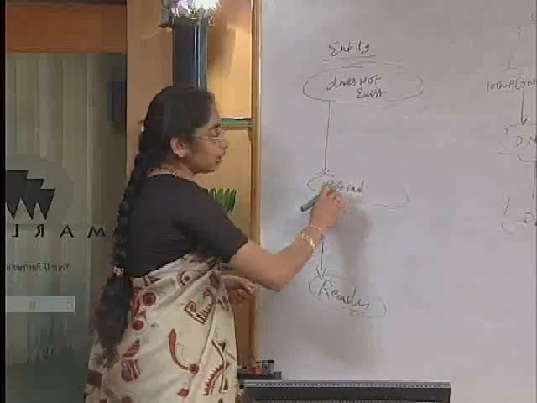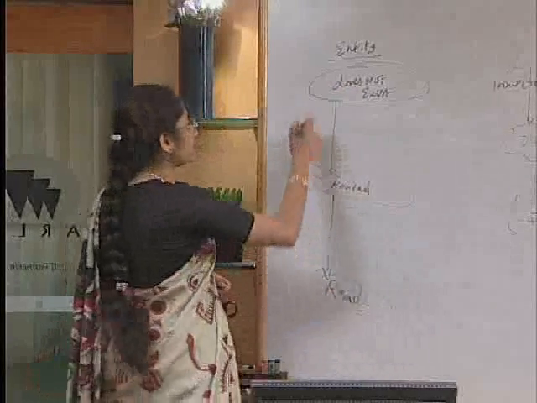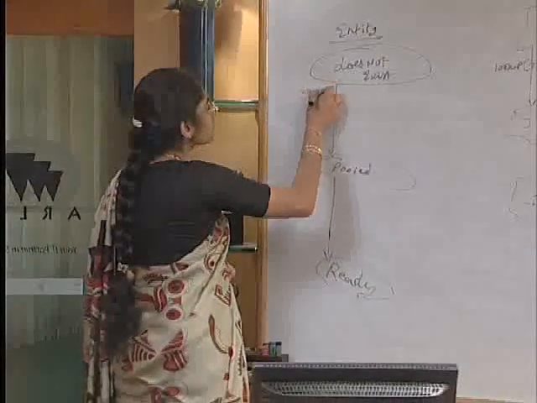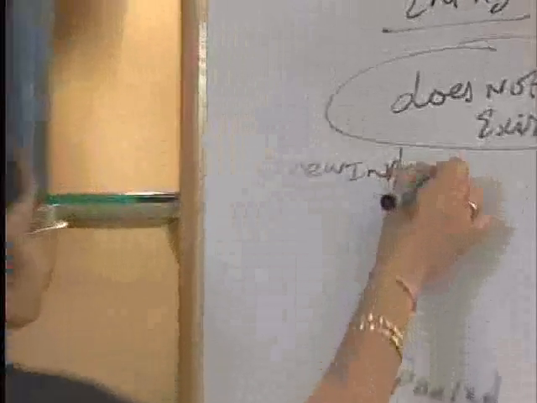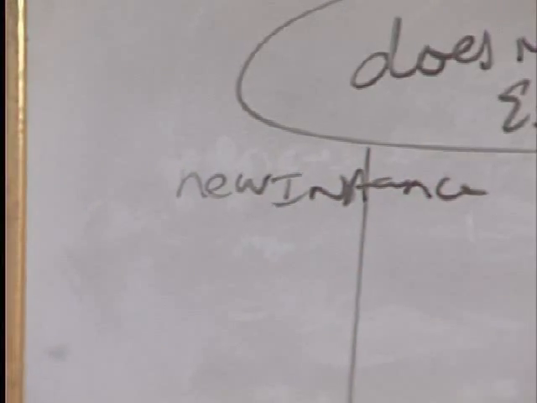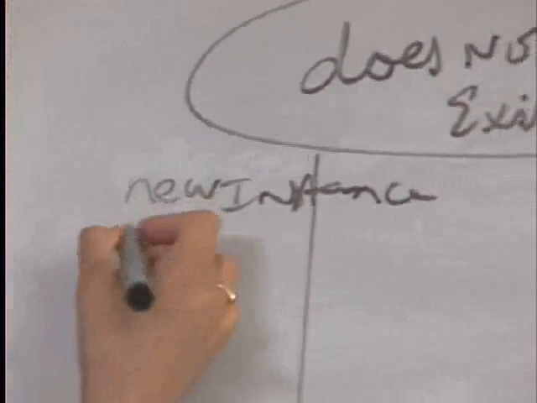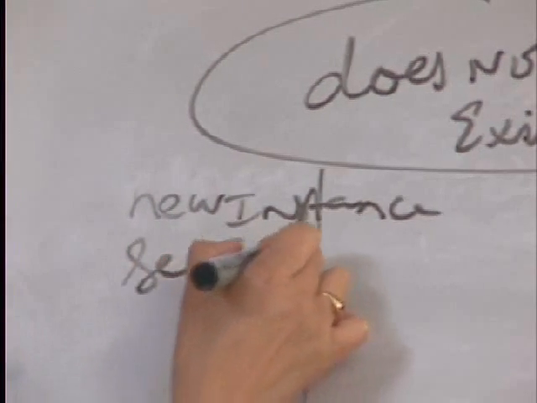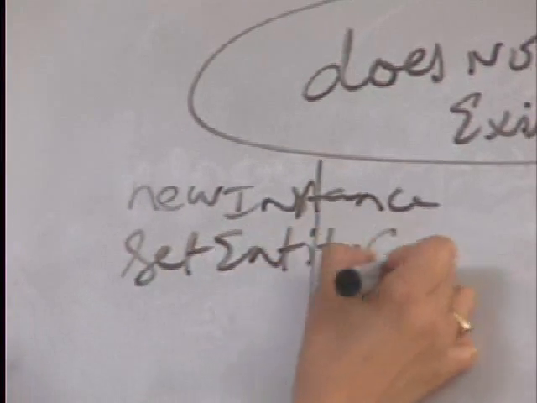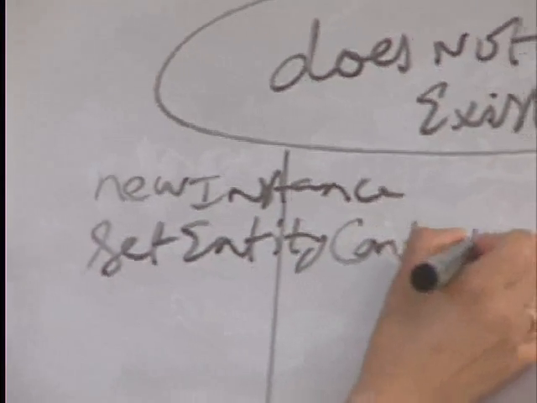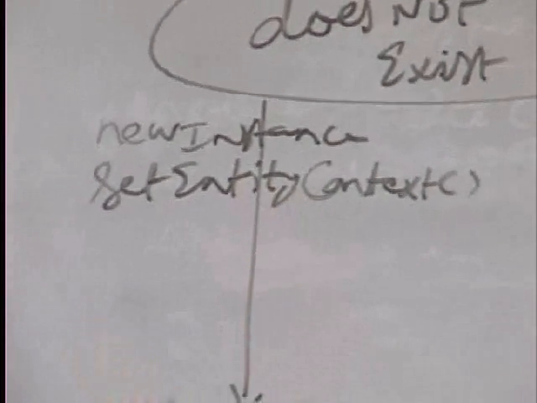From the does not exist state to the pooled state, it goes as follows: a new instance is created, set entity context is called, then it moves into the pooled state.